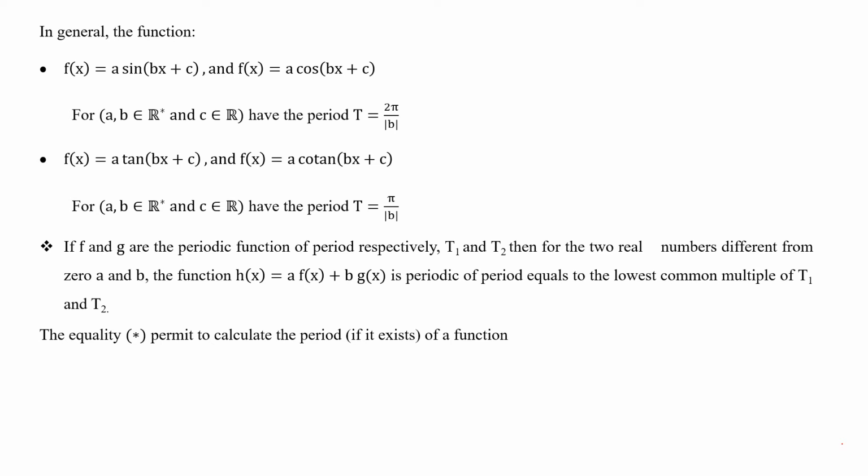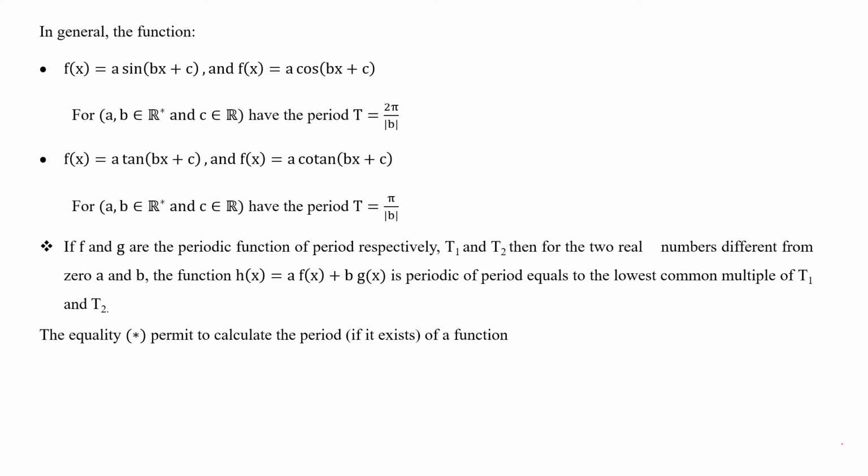To get the period of the sum, we find the period of the first function, we find the period of the second function, then we find the lowest common multiple of those two periods.